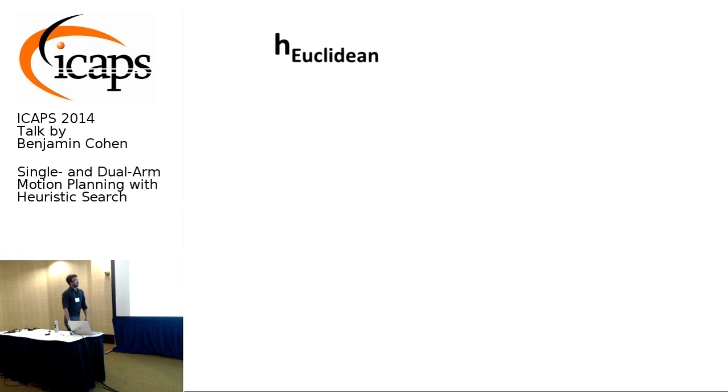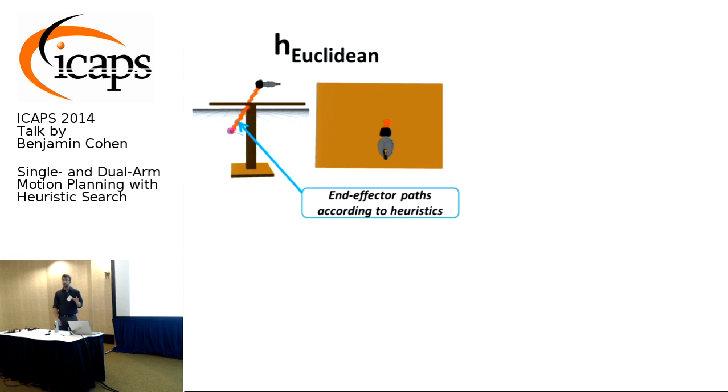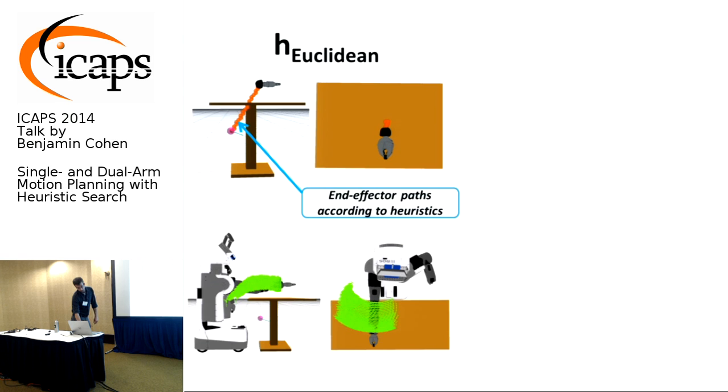So I'll show you an example here. Here we have a table. You can imagine the robot is in front of the table. That's its gripper above the table. The robot wants to plan a path to that pink sphere below the table. The Euclidean distance heuristic is saying drive that end effector, drive that search through the table. And down below, in green, you see all the expansions that are required to compute a path. Each green dot represents an XYZ coordinate of the end effector pose at a given state.